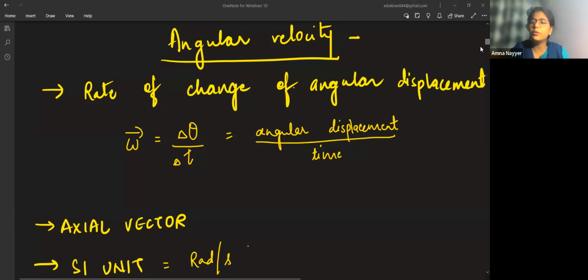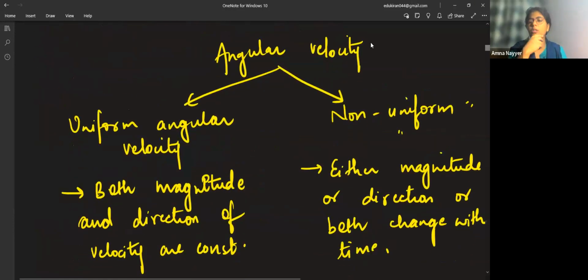So initial portions of circular motion are very easy to understand. Like angular velocity, you have uniform angular velocity. Then you have non-uniform angular velocity. So in uniform angular velocity, both the magnitude and direction, will they change or remain the same? They'll remain the same, right?